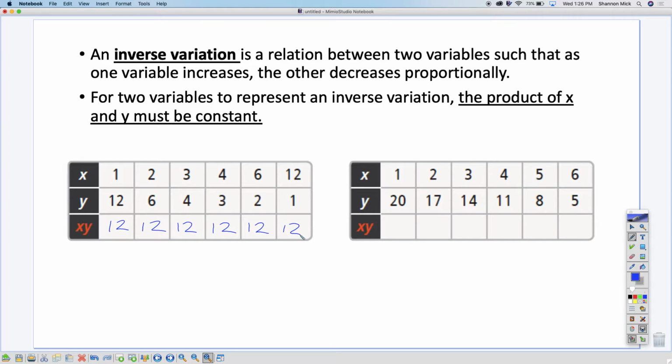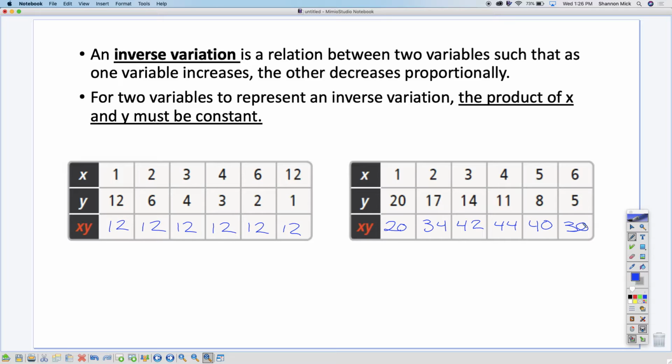The next one is not. The next one, I get what? 20. Then 34. 42. 44. 45. And then 30. 40. Oh, I was thinking 9. You know that an even number times an odd number will always be even.